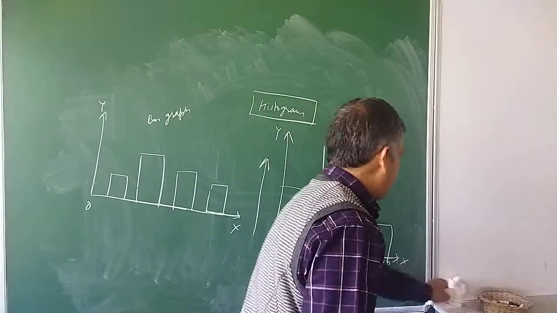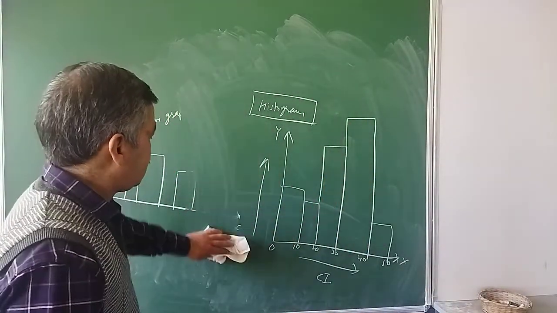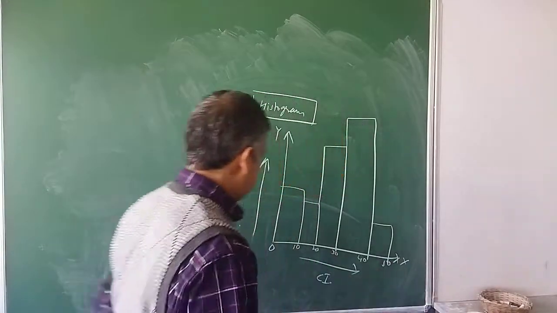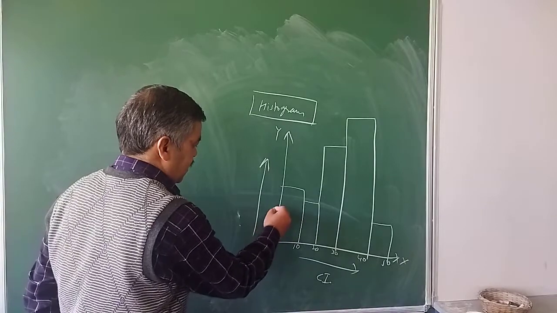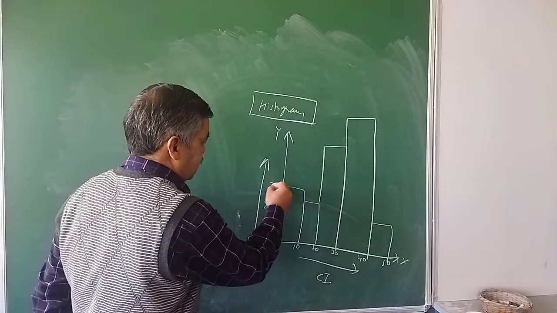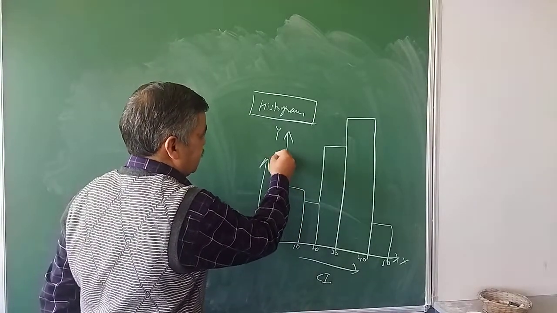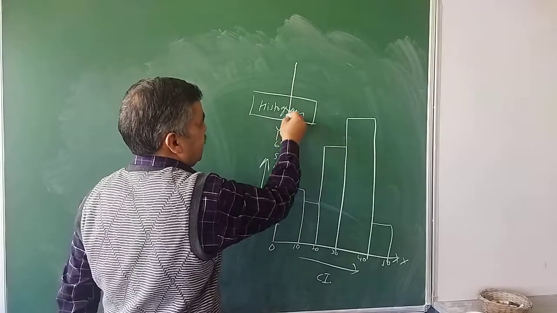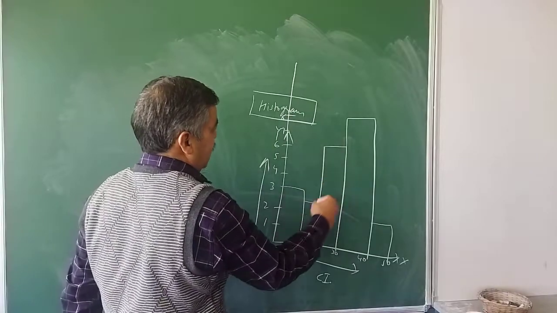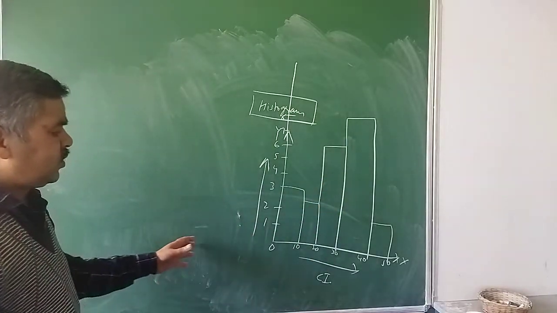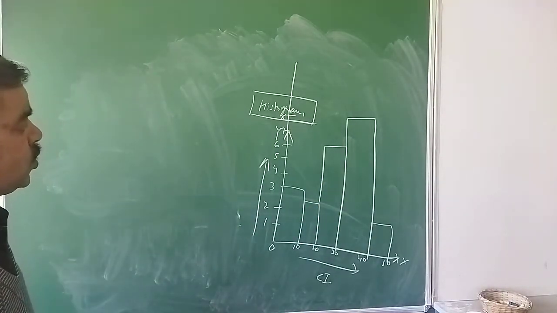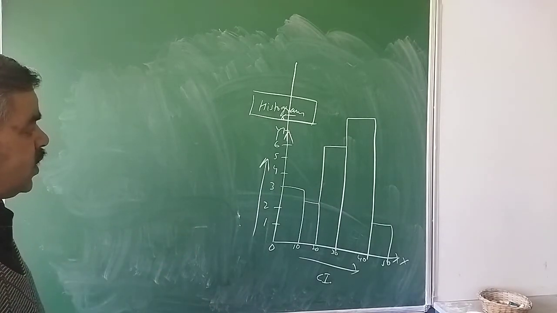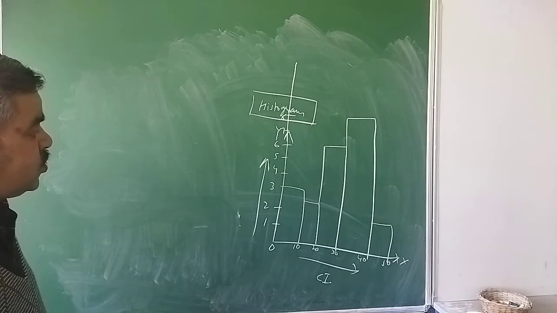Now, from this histogram point of view, I put 1, 2, 3, 4, 5, 6, 7, 8. Now I am talking about the test score: marks scored by the students in a class of 50 students.